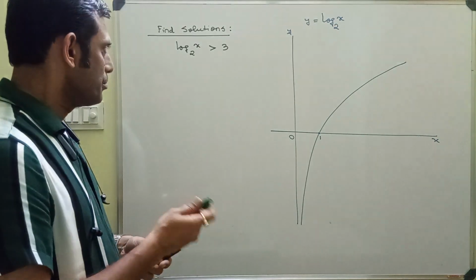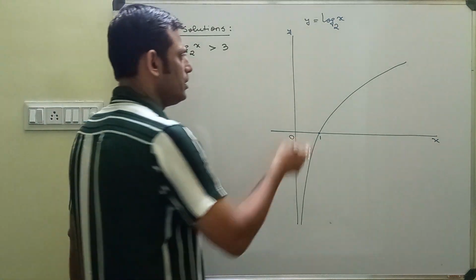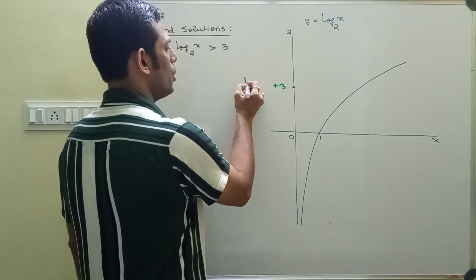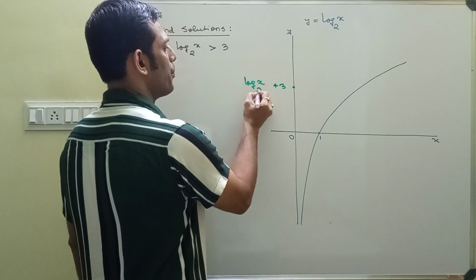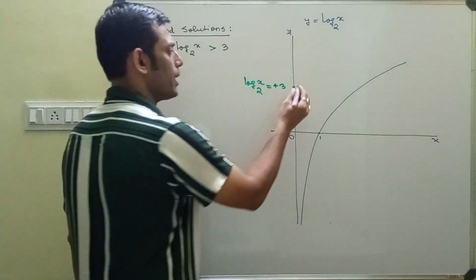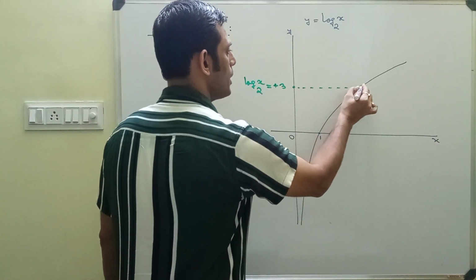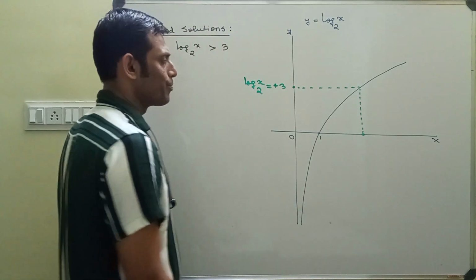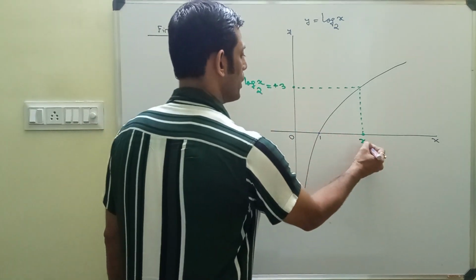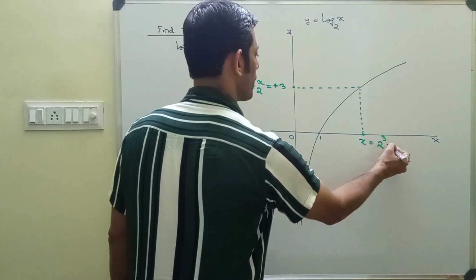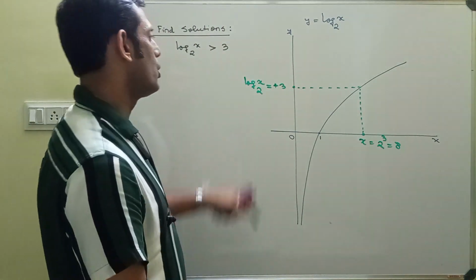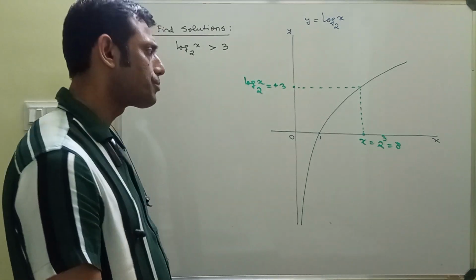See this. Let's say this is the level of 3, y equal to 3, or log x base 2 equal to 3 at this level occurs. That means there is a corresponding position of x on the x-axis at this point where the x value shall be equal to 2 power 3. That means 8. At x equal to 8, you will get log x base 2 equal to 3.